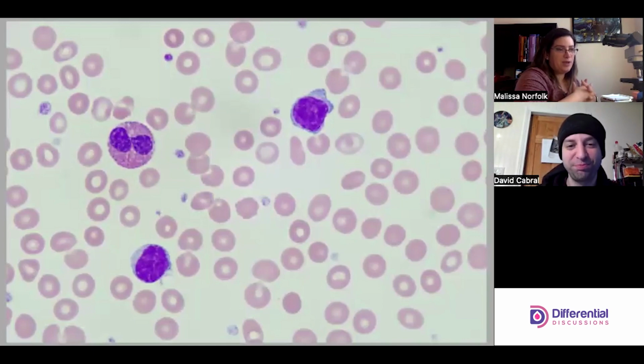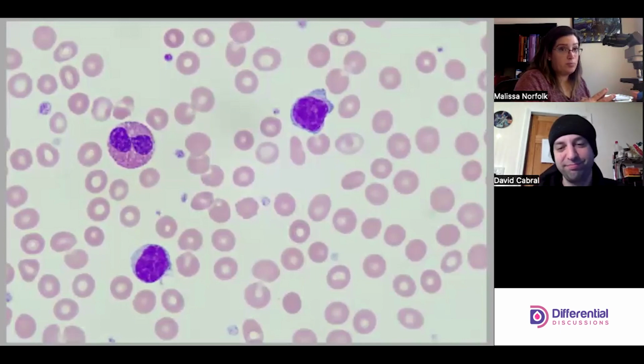I'm counting a diff and think I count it one way, but I find out, oh no, I really want to call these hairy cells, or no, I really don't want to call them, and there's a significant population or something similar to that. That's when I would restart my diff. So restarting a diff does not mean that you're bad at diffs. It means that you're doing your job and really trying to identify the cells correctly.